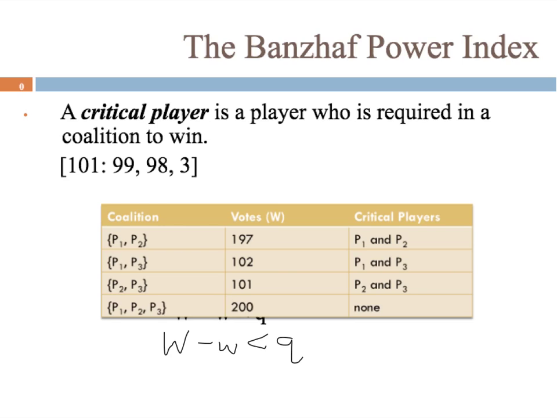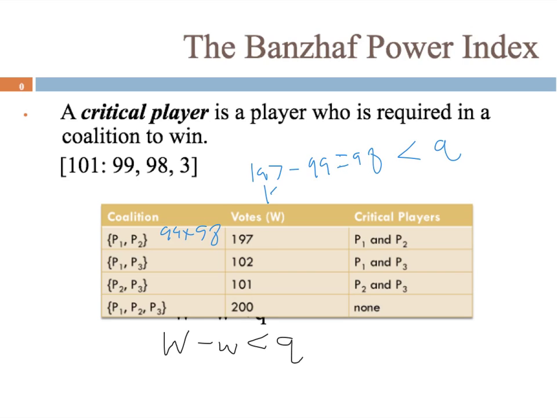So for example, let's look at this first coalition, player 1 and player 2. 99 plus 98 adds up to 197. If we take 197 and subtract 99, we get 98, which is less than the quota.